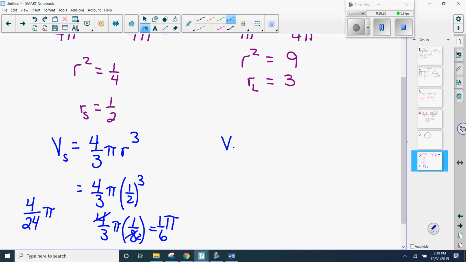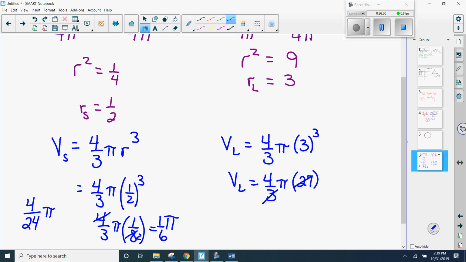Yeah, that's the volume of the small one. Just like this one, I do it differently too. So continue. You have to multiply 4/3 times 9. 3 goes into 9, 27, 9 times, and 9 times 4 is 36. 36 pi.